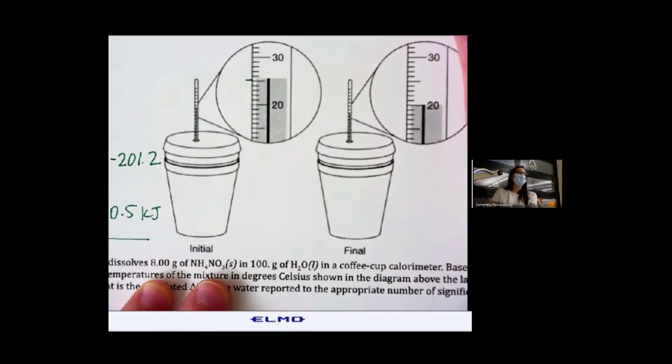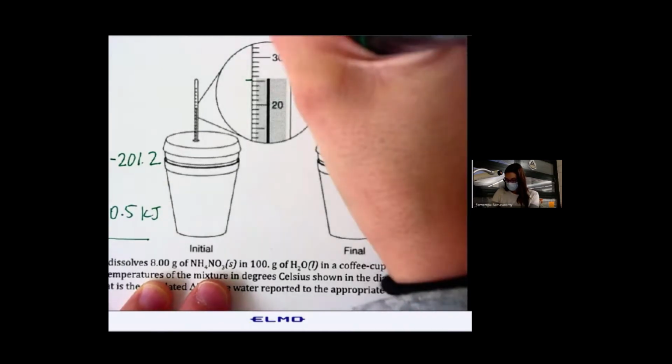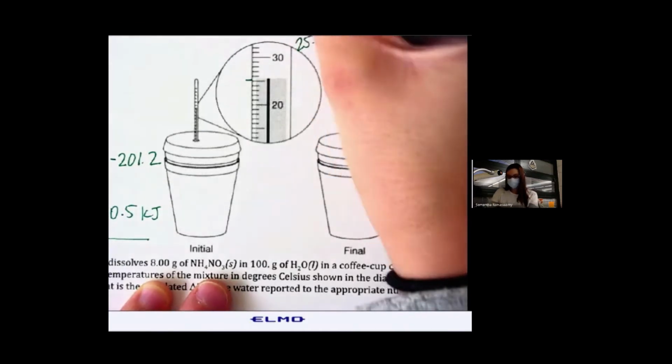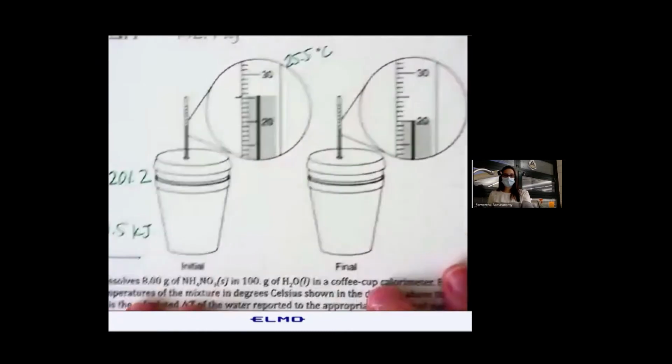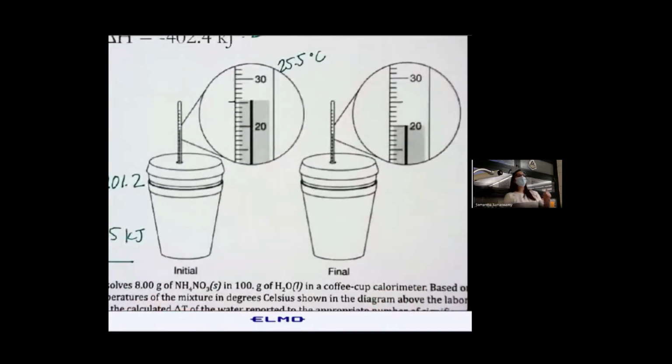The water line is not exactly on 25, it's between 25 and 26. So all that we absolutely know is that it's at 25. You estimate one place past that. So I'm going to say that this is 25.5 degrees Celsius. You measure what you know and you estimate one place past that.